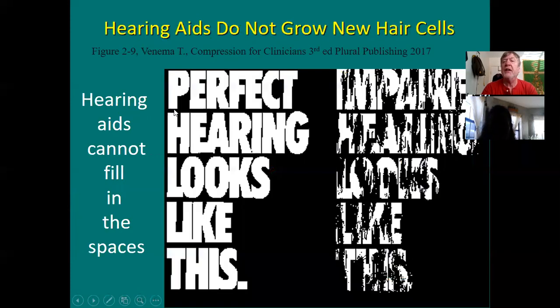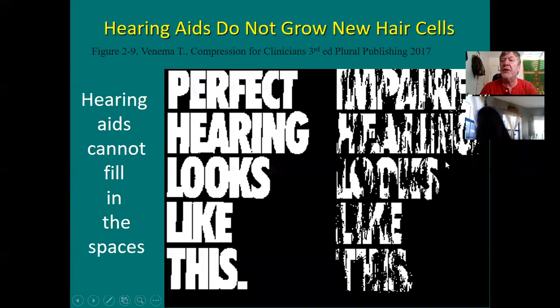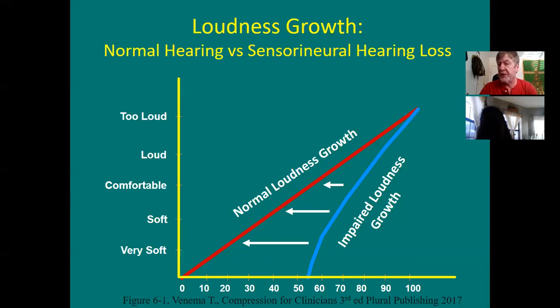But when you've got hair cell damage, okay, when you've got this situation on the right, you are now in the blue line territory. Because now 50 to 60 sounds soft, and yet 100 sounds too loud. So the lines converge, the lines meet, and that is the mother and that is the father of hearing aid fitting methods.